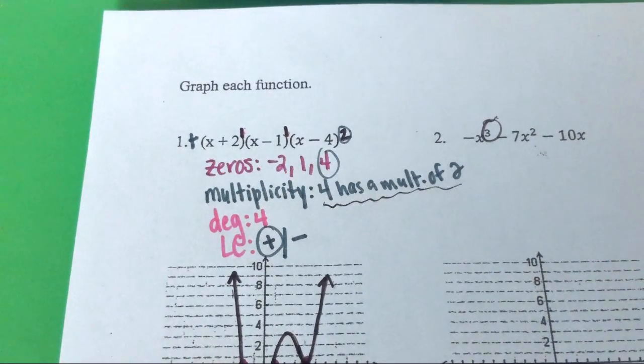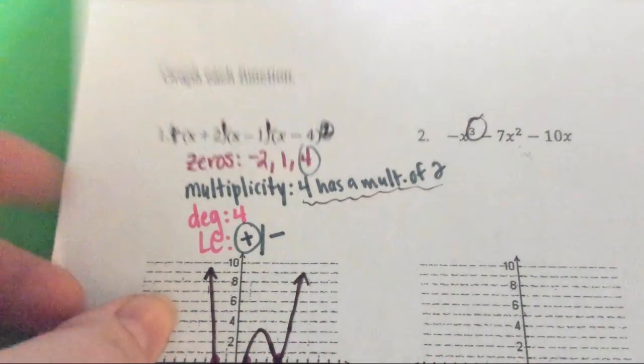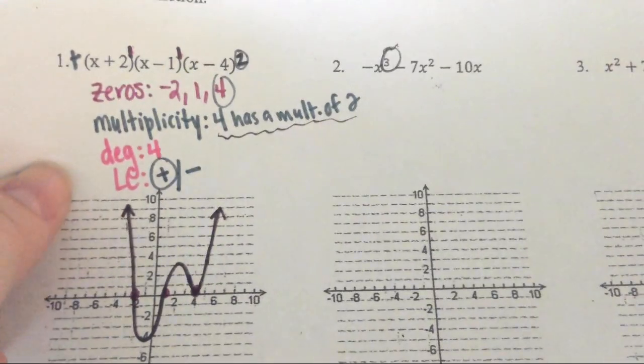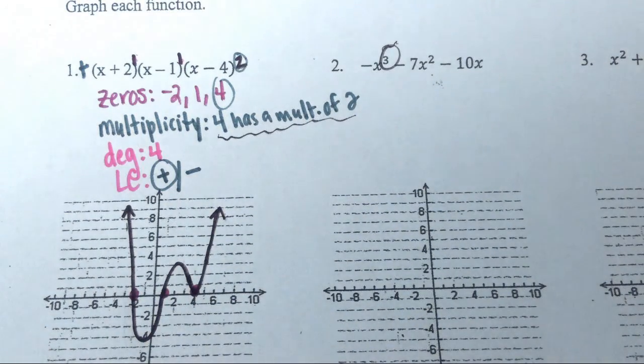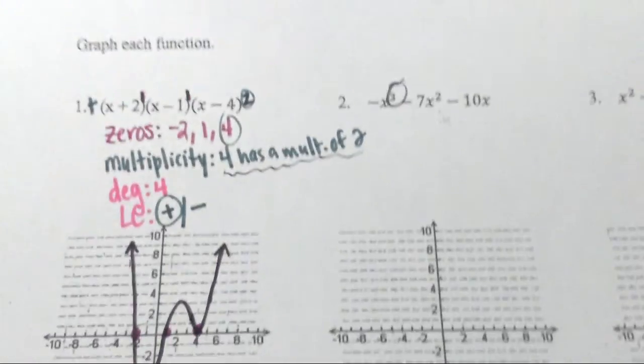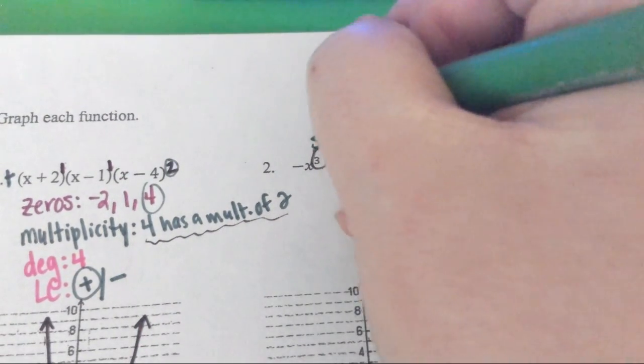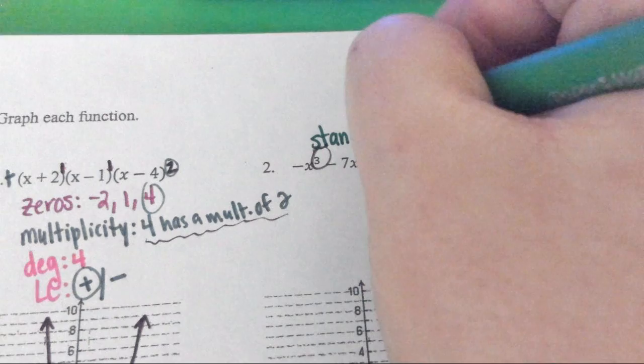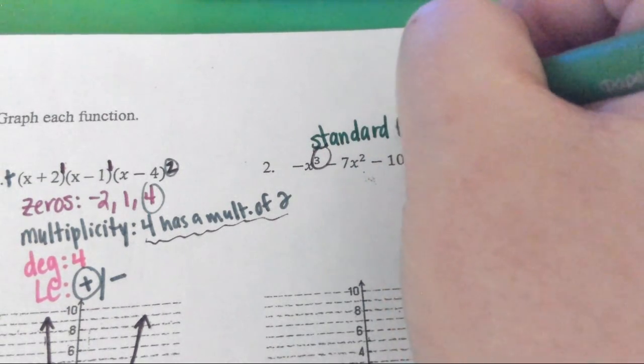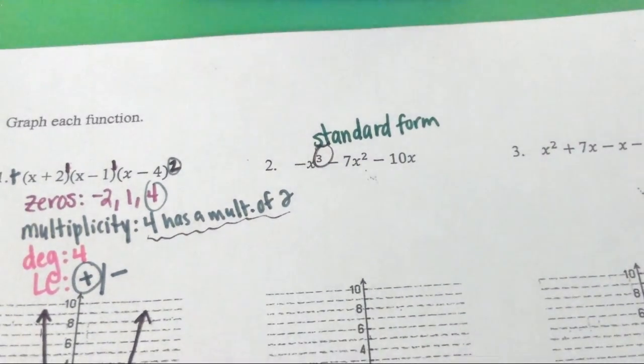Why is number 1 different from number 2? The parentheses, and number 1 is a certain kind of form. If you look through your notes and you find it, I'll give you the point if you tell me. It's something form. Number 2 is standard. But I need to know what number 1 is.